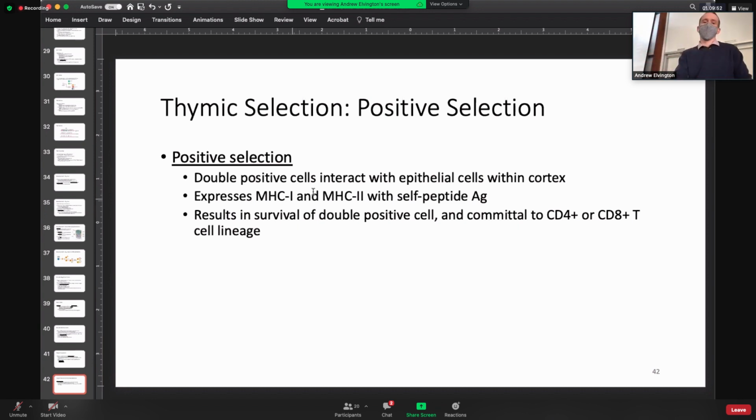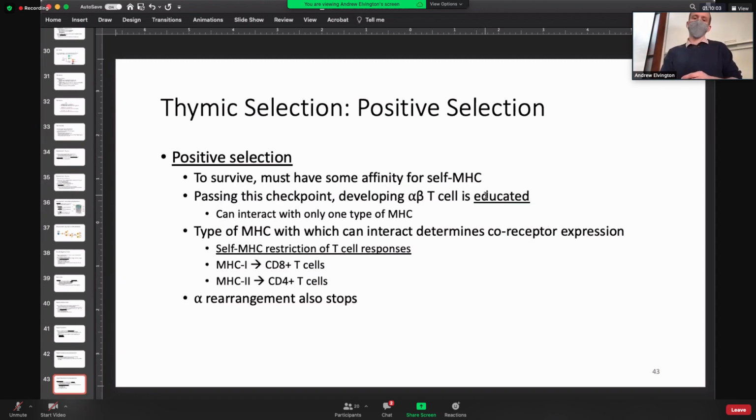So that after the positive selection event, we have committed T cells, meaning they will only express one co-receptor. So to survive positive selection, what this actually means is you have to have some self-reactivity, because you need to see that MHC and you need to interact with it.